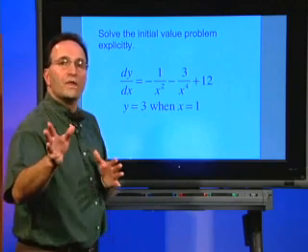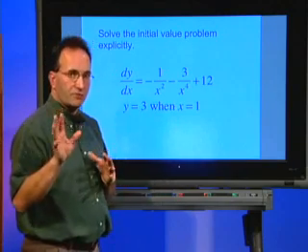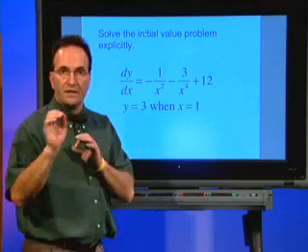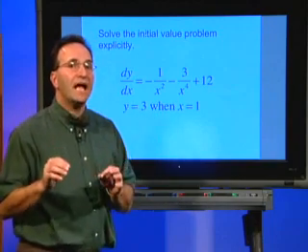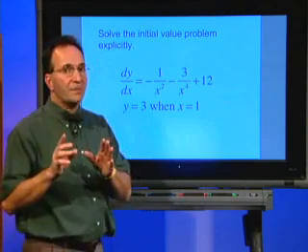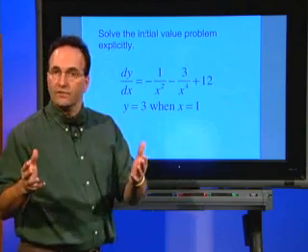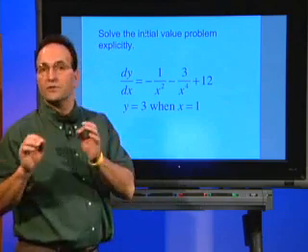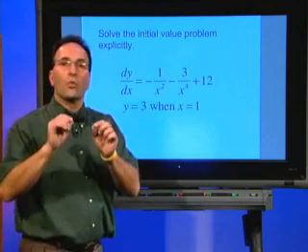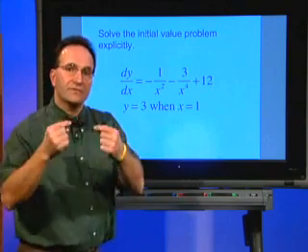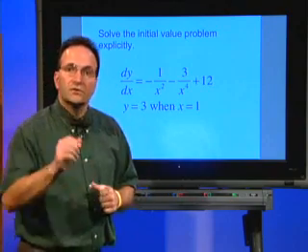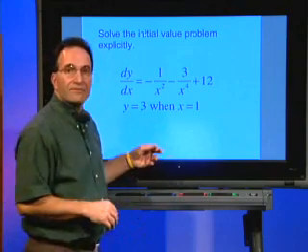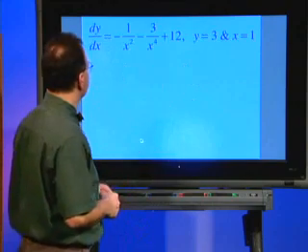So the point (1, 3), which is the point of the initial condition, pins down only the continuous piece over a certain interval. And that interval is going to be from 0 to 8. And so when we give our answer, we have to take that into account. So let's take a look at finding this antiderivative.